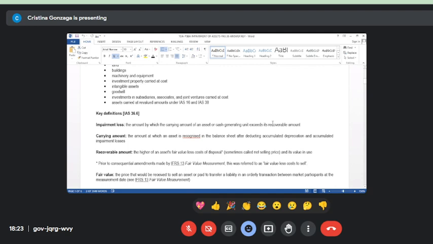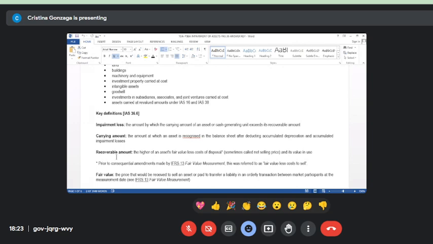Question, anong ibig sabihin ng recoverable amount? Di ba tayo laging the lower of, given two values, di ba lagi tayong whichever is lower.